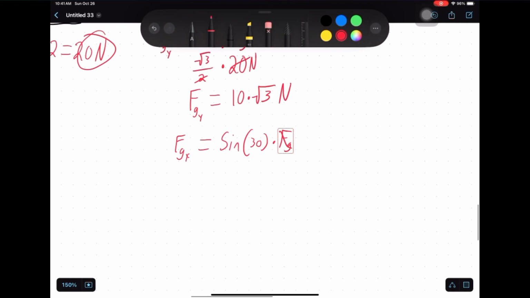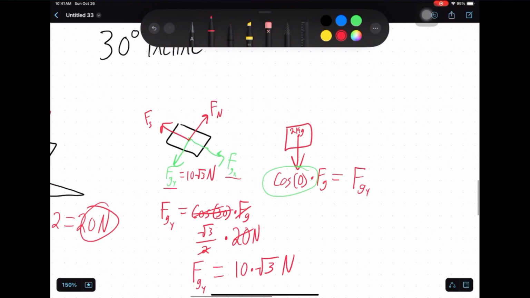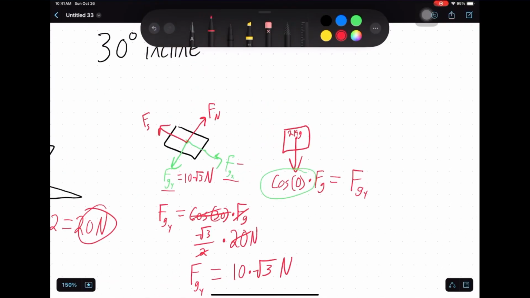Force of gravity is still 20 newtons. Sine of 30 is going to be 1/2. That means our force of gravity in the x is going to be 20 divided by 2, which is 10 newtons. So we're going to say equals 10 newtons.